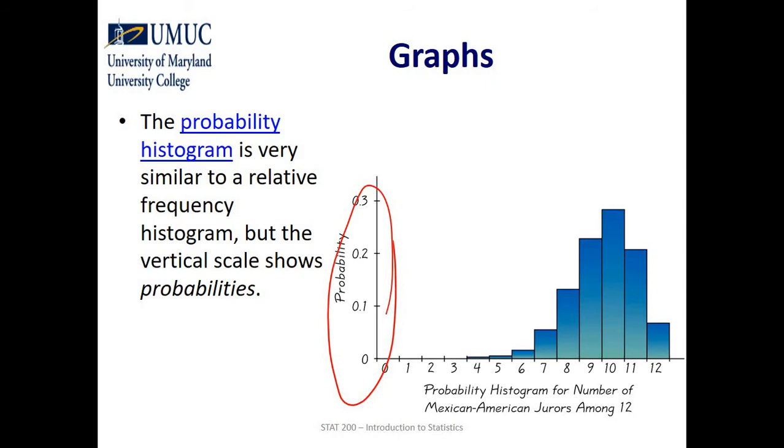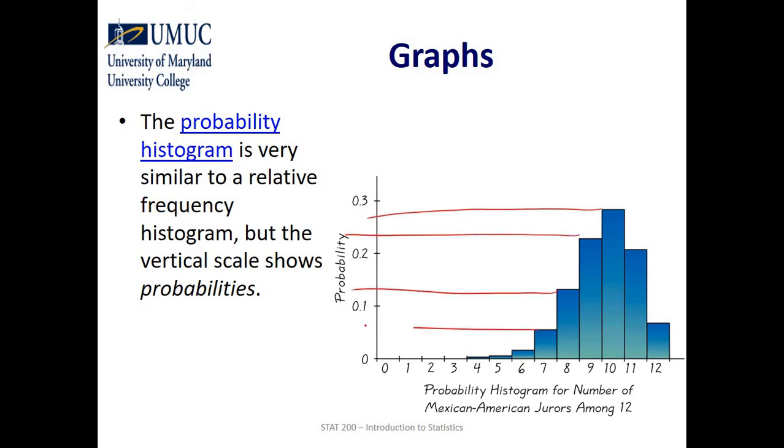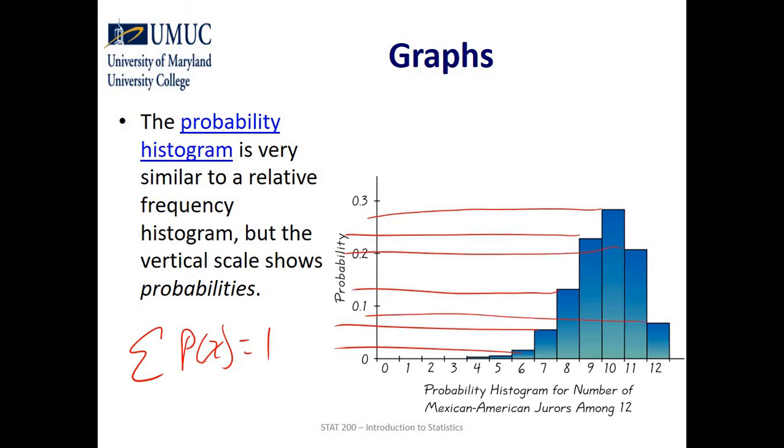If you were to find the actual value for each of them and add that up, it's going to add up to 1. So again, the summation of the probability of each of my x's equals 1.